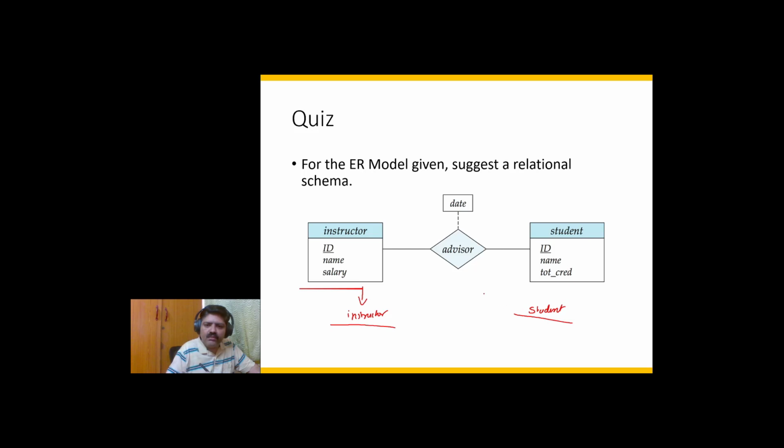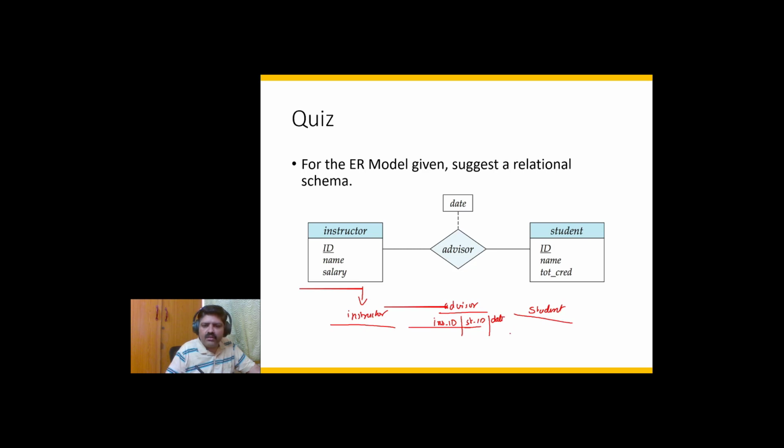So we have three columns each, and since advisor has an attribute, we create an advisor table, and we could have instructor ID, we could have a student ID, and we could have a date.